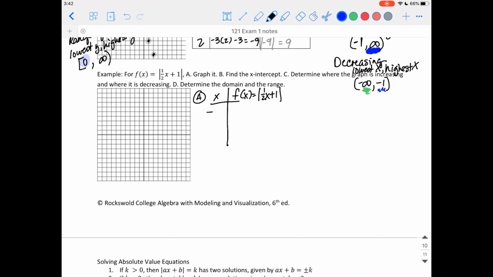And I pick some points here. So this will be -10. Half of -10 is -5, plus 1 is -4, and the absolute value of -4 is 4. So -10, 4. For -6, I'm going to take half of -6, which is -3, plus 1 is -2, and the absolute value of that is 2.